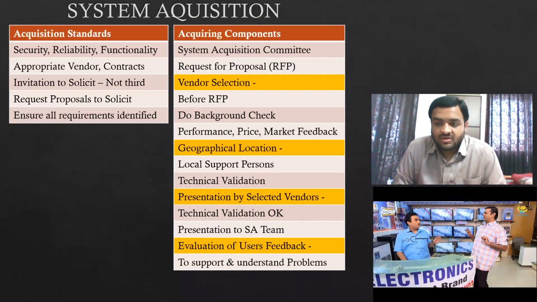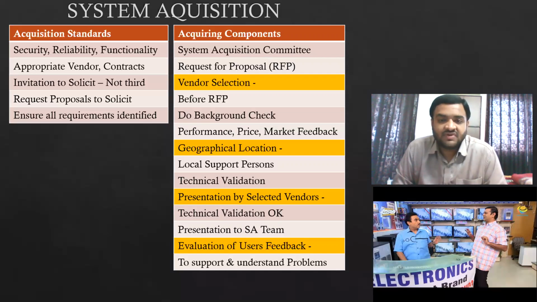Now vendor selection. We have to select the vendors before we give the request for proposals. We are supposed to do a background check on whatever electronic systems this vendor is providing: whether all the customers are happy with it, whether customers suggest this product, whether it is performing well, whether the price is low.